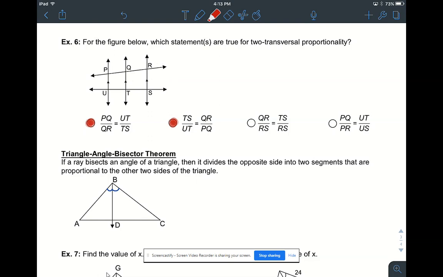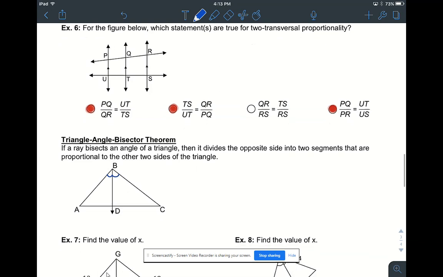And the last one, PQ to UT. So this one we're going top to bottom. And then PR, so that's the whole top, to US, the whole bottom, which would be just fine. As long as you use both sides. Okay, so those are your working proportions.